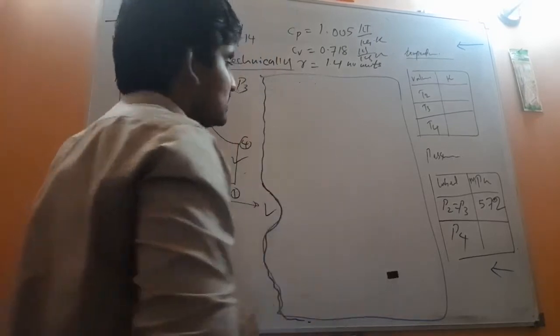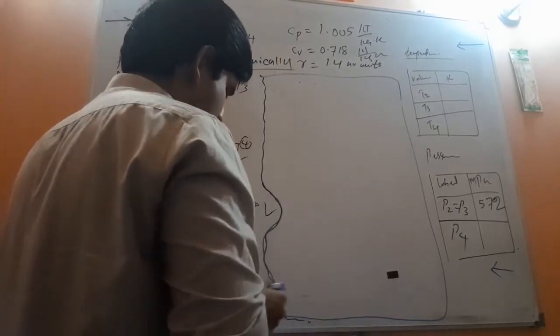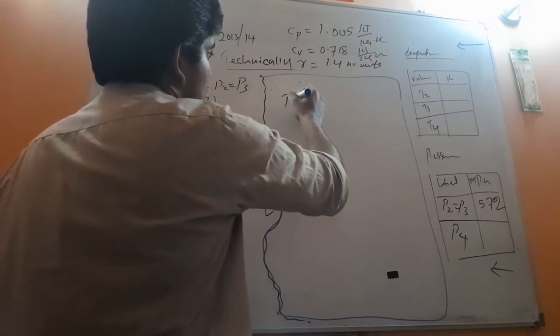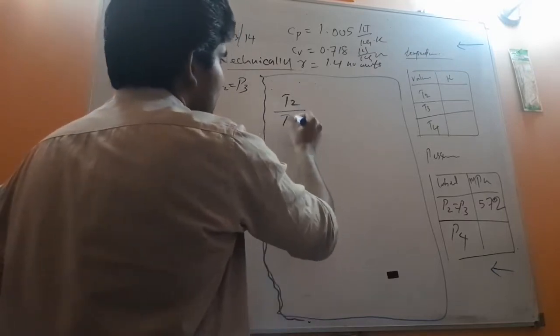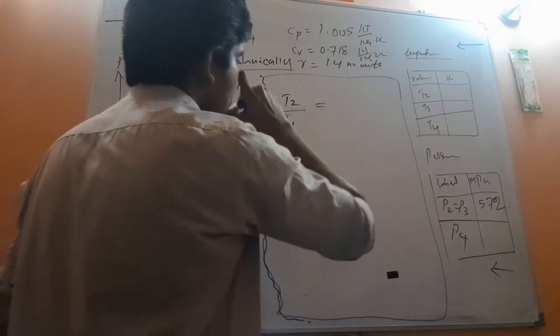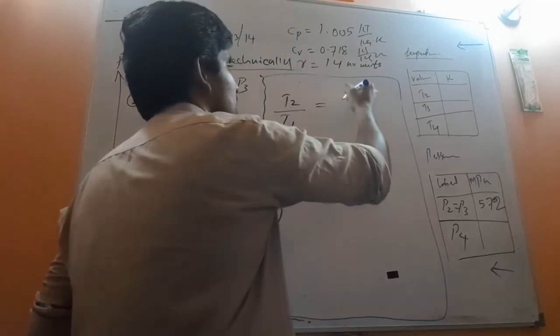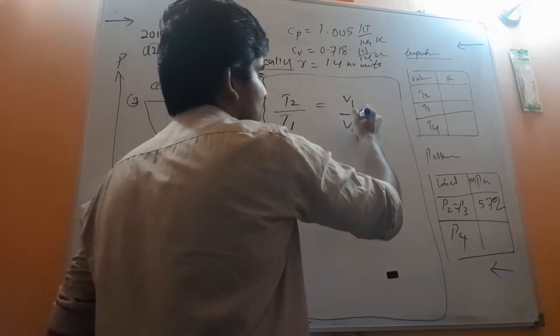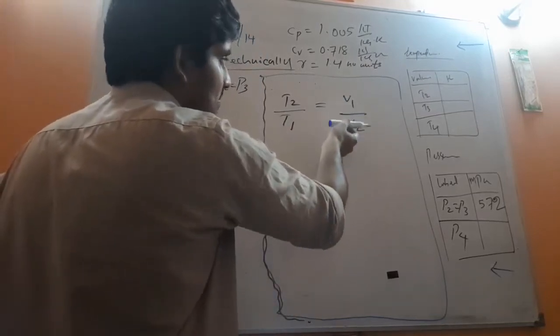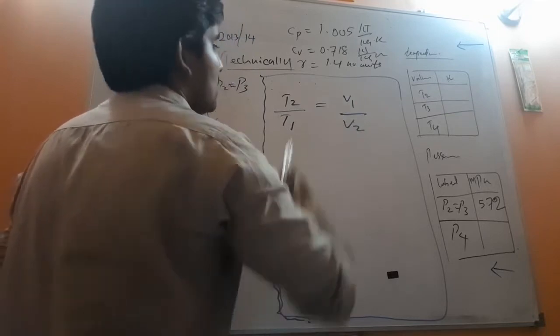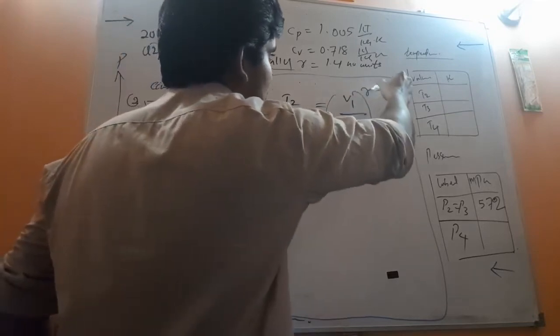There is an equation for adiabatic processes called T2 divided by T1 equals V1 divided by V2, interchanging the suffixes, to the power gamma minus 1.